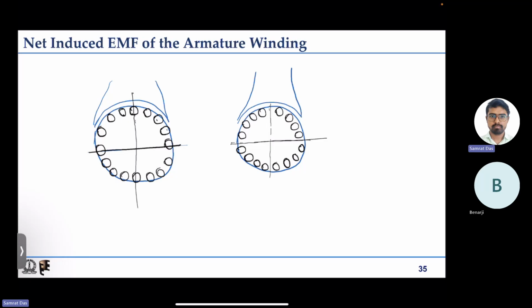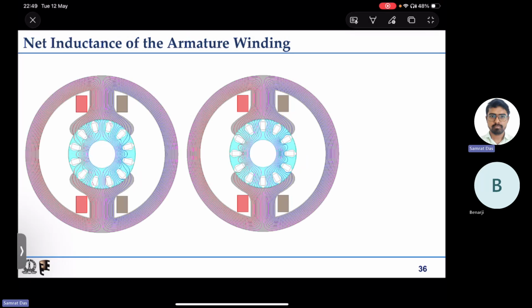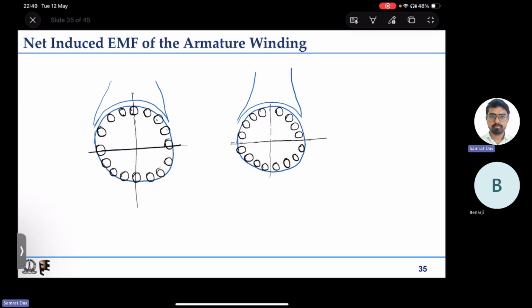What I am saying is, if you have a reasonably high number of slots, then the coils which are going to undergo commutation are very near to the magnetic neutral axis, as in the right hand side picture.